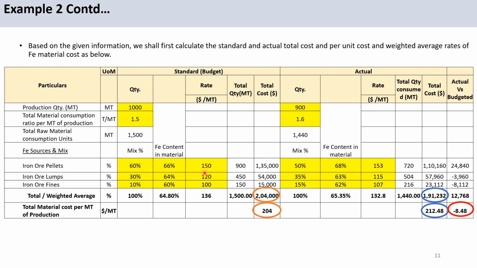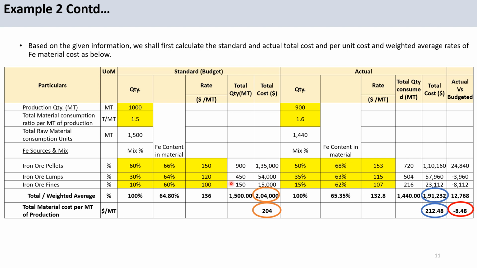So here, if you see the iron ore pellets, we consumed as per budget or standard, let's say at the $150 rate. Total quantity is 900. How we arrived at 900: the raw material consumption quantity is 1500 tons times 60%. So 900 tons at $150 per ton comes to $135,000.